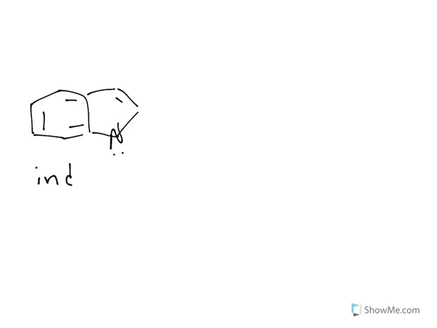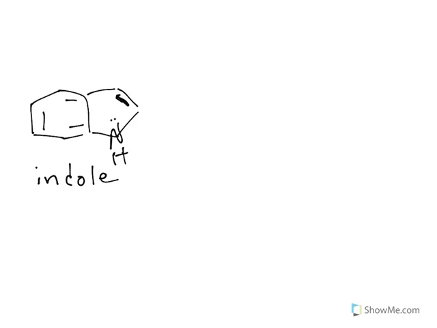And finally, the one I want to look at that I find quite fascinating are off of the indole system. So indole, oops, it has an H there, is an aromatic amine. It's got a 5-membered ring fused to a 6-membered ring.